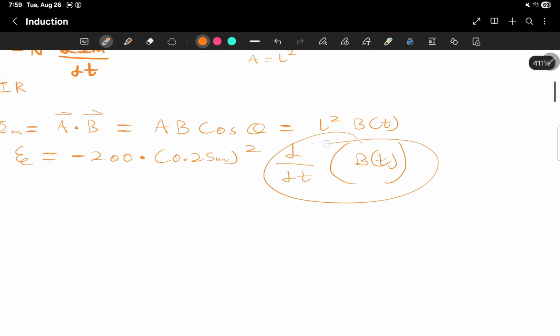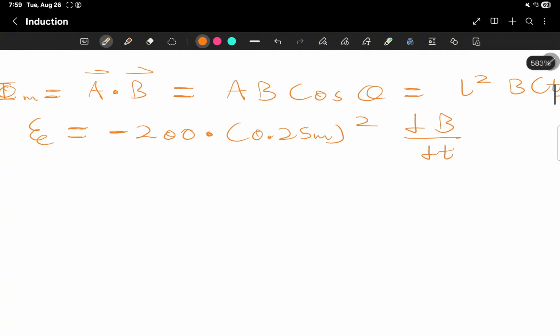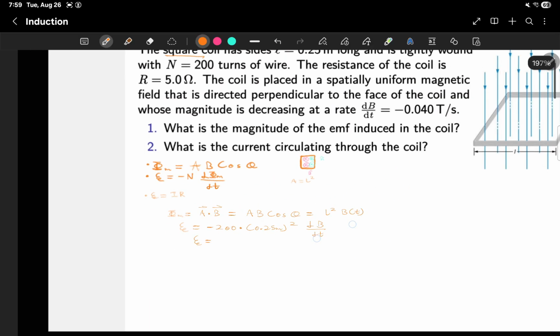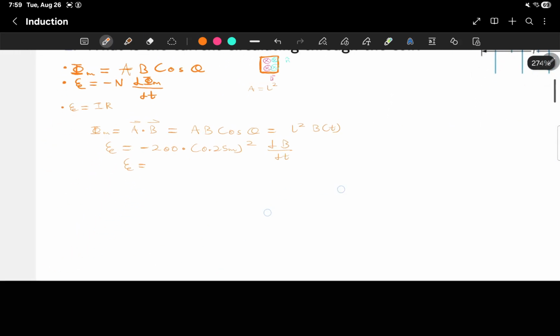To simplify this, it's just the derivative of the magnetic field. Now we know what the derivative of the magnetic field is. It's this value: negative 0.040 teslas per second.